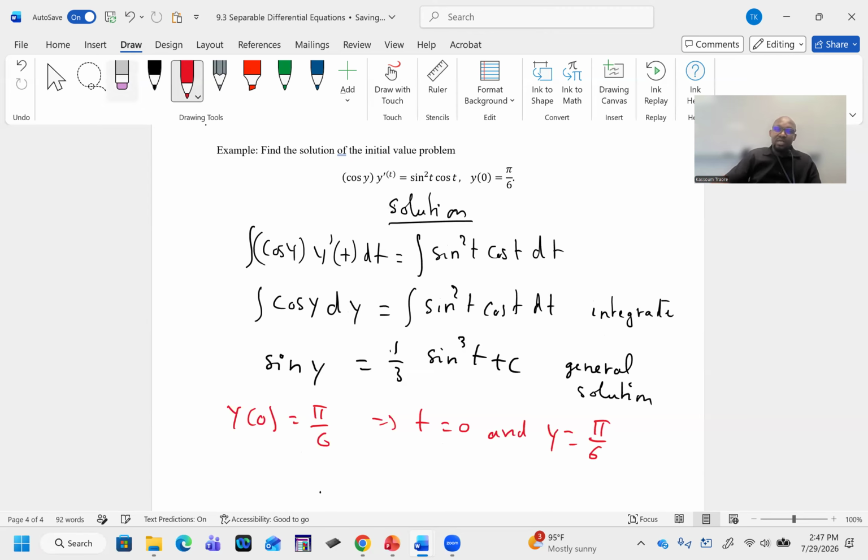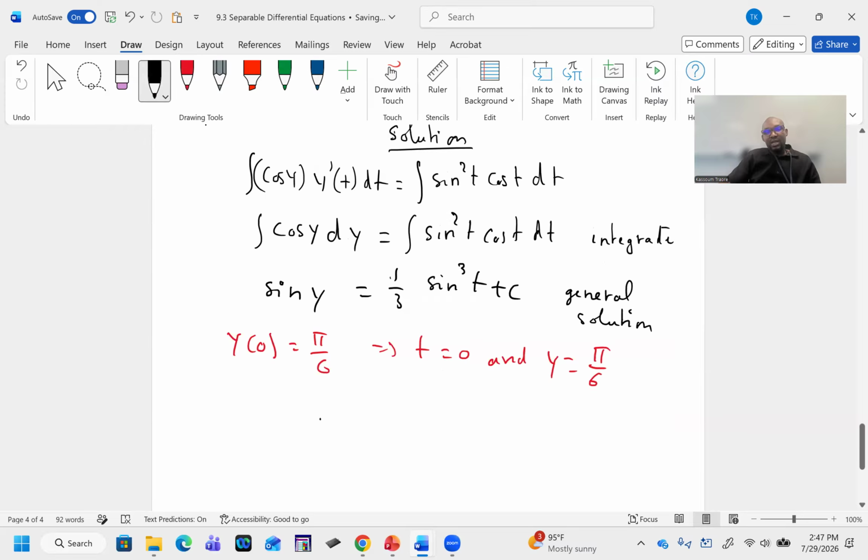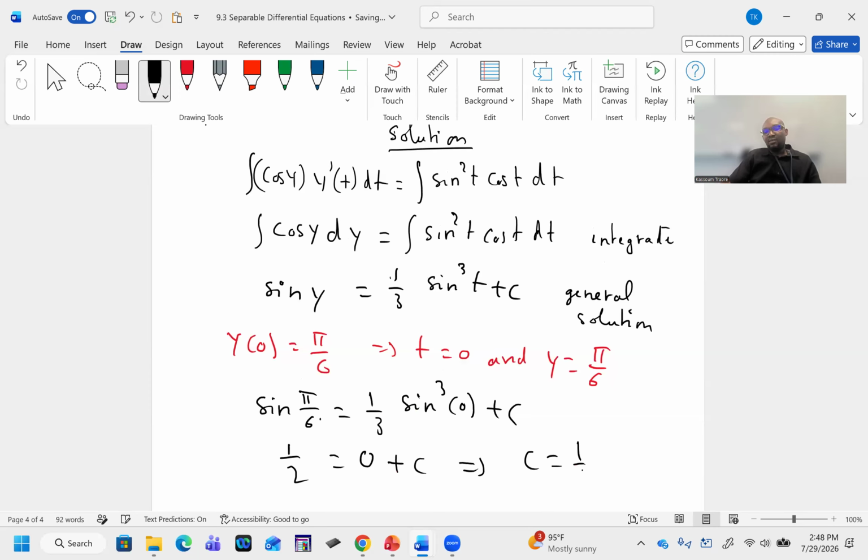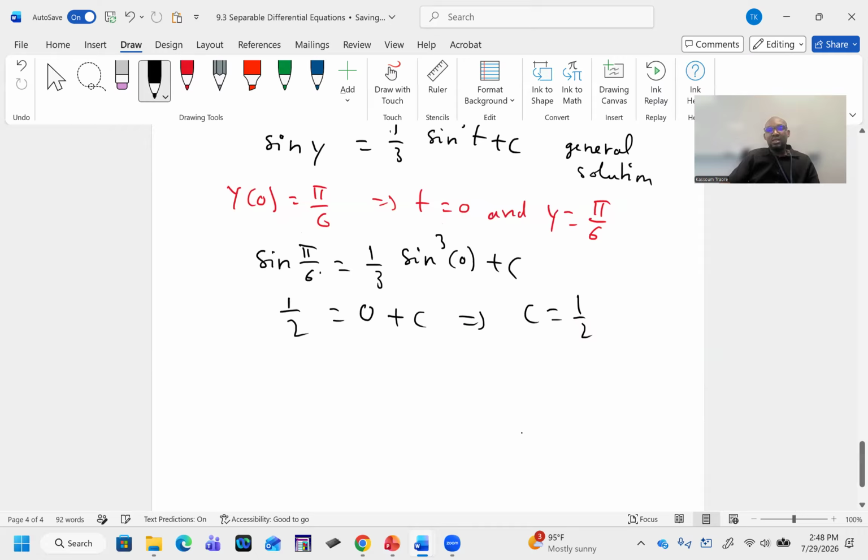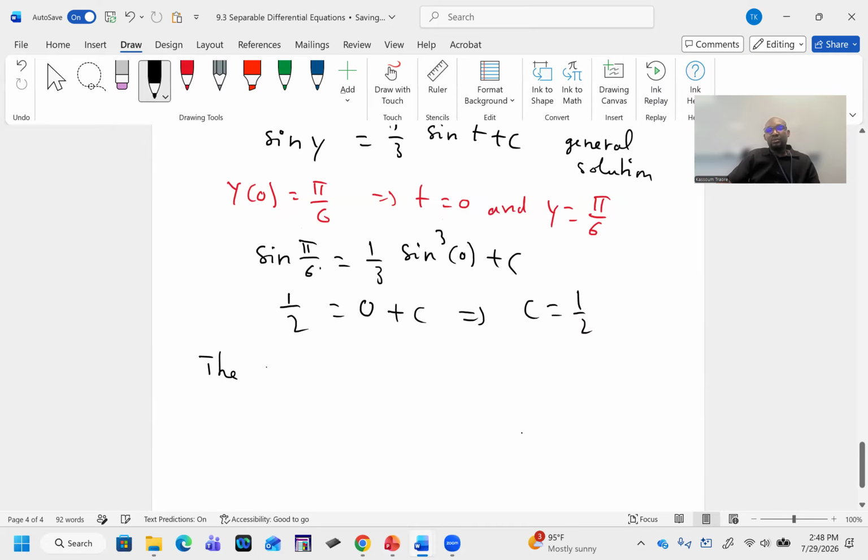So if I substitute them, I will have sine of pi over 6 should be equal to 1/3 sine cube of 0 plus c. And sine of pi over 6 is 1/2. Sine of 0 is 0. Sine cube of 0 will be 0. 0 times 1/3 will be 0 plus c. So this means my c is what? 1/2.